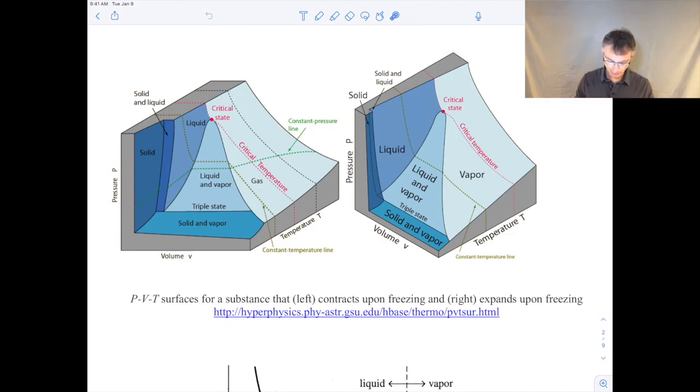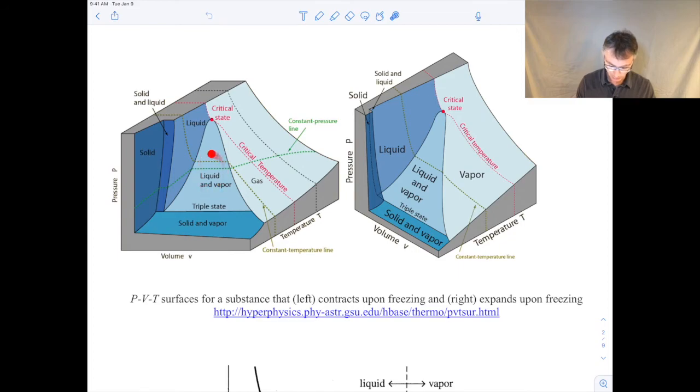In addition, on this plot, you'll see some lines. Here's a constant pressure line, this green dashed line. That's called an isobar, which just means constant pressure. Then you have a constant temperature line here. That's called an isotherm, so just constant temperature. One thing you'll notice on those lines is that they remain constant in this liquid-vapor region.